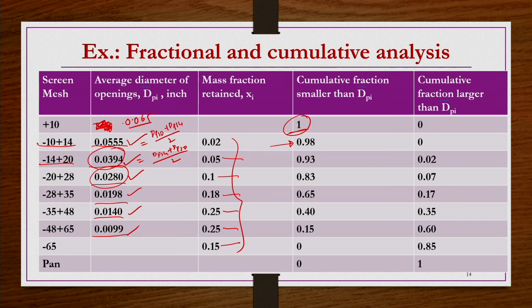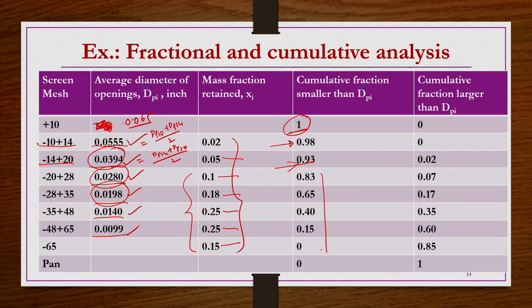So, that is 0.98. Likewise, the third row: what is the fraction of material whose size is smaller than 0.0394? All these 0.028, 0.018, all of them are smaller in size compared to 0.0394. So, these fractions should be added together and written here. So, that is 0.093.